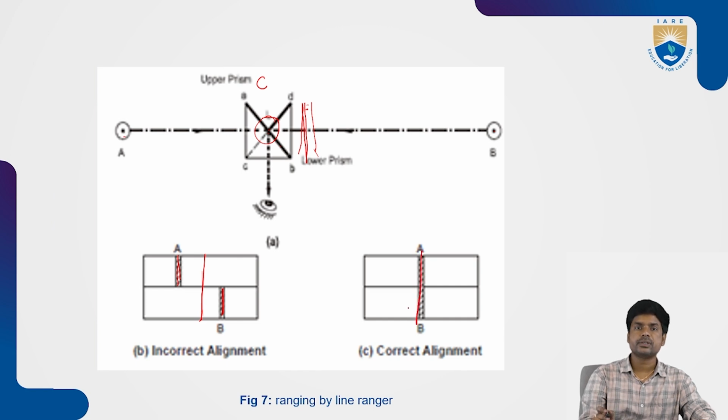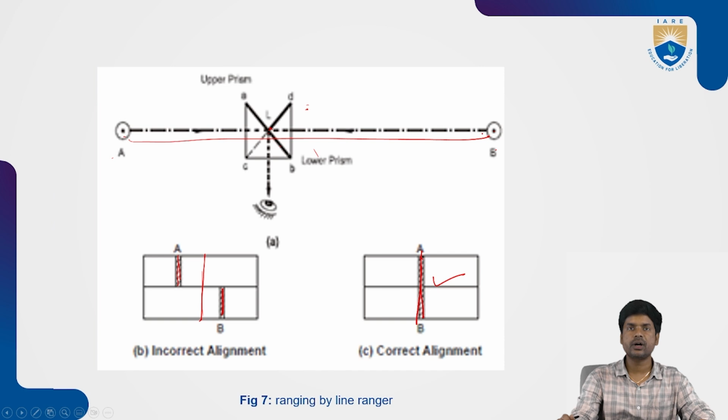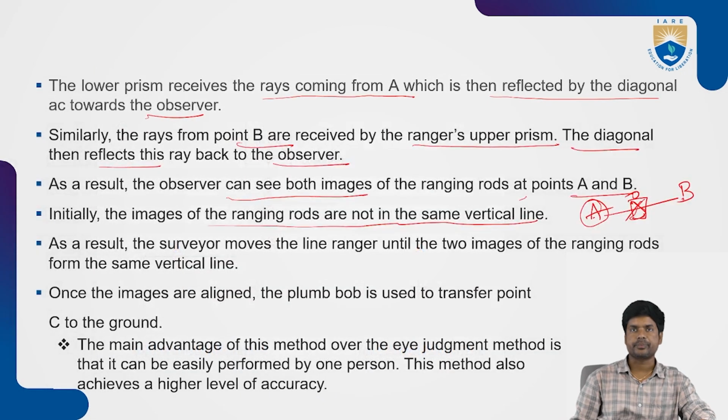Now we can say that the intermediate station you have taken is aligned on the AB line. This is how we do ranging by line ranger.